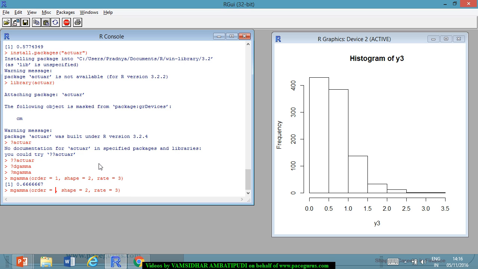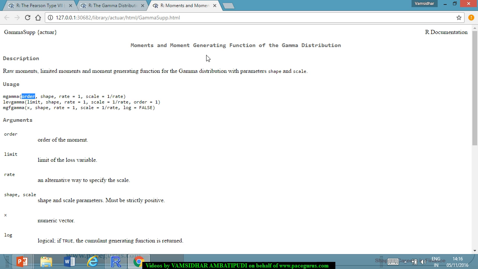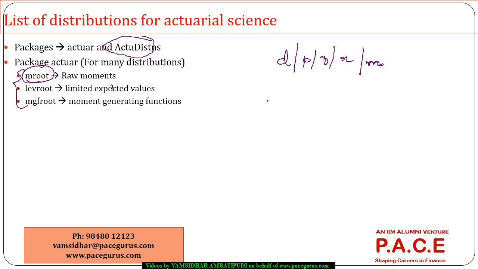If I say second moment, it is the expected value of x squared. We know the first moment, the expected value of x, is alpha by beta, and the variance of x is alpha by beta squared. The variance is the expected value of x squared minus the expected value of x, whole squared.